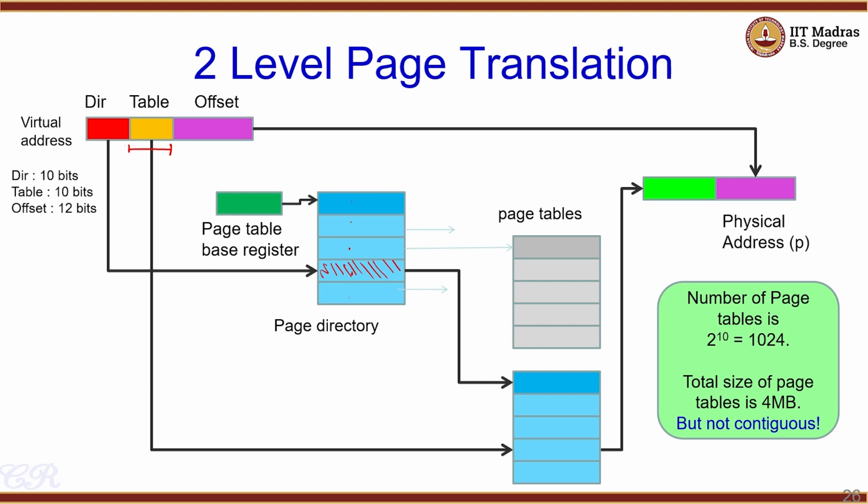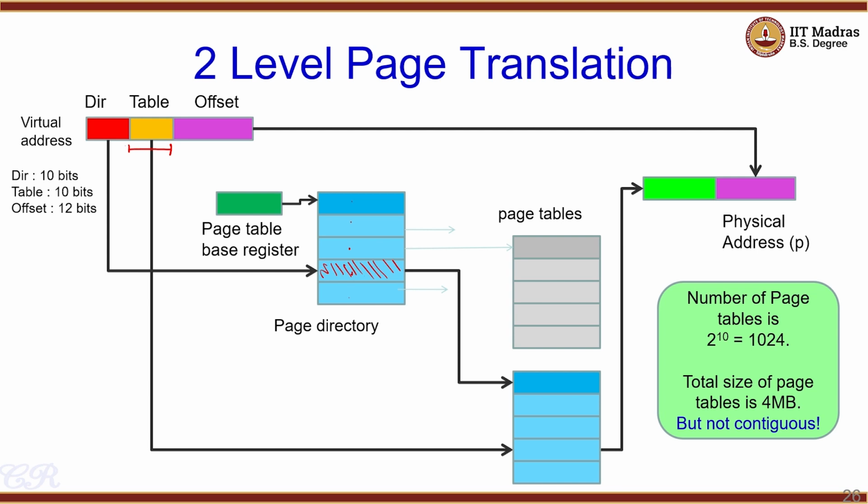Okay, so in other words, this 4 megabytes is the maximum amount of memory that is required, right? In most cases, the amount of memory to hold the page tables will be considerably lesser. The reason for this is we create these page tables, the second level page tables, on demand, right?